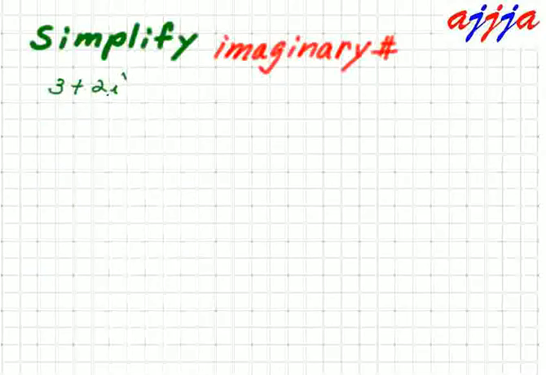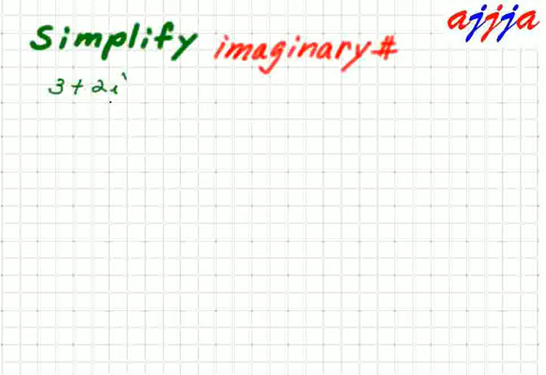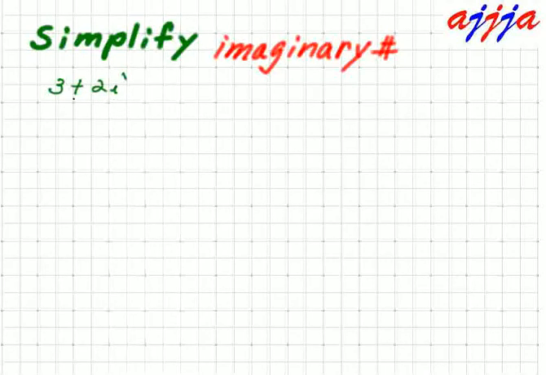Now, what about this? This is an imaginary number right here, the second one. The first one is a 3, that's a real number. A real number and an imaginary number together we call a complex number. We cannot simplify this one.